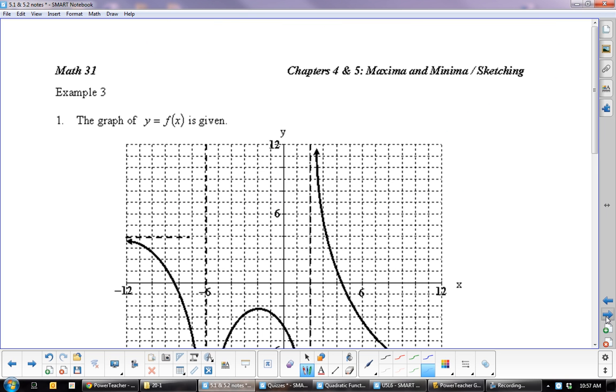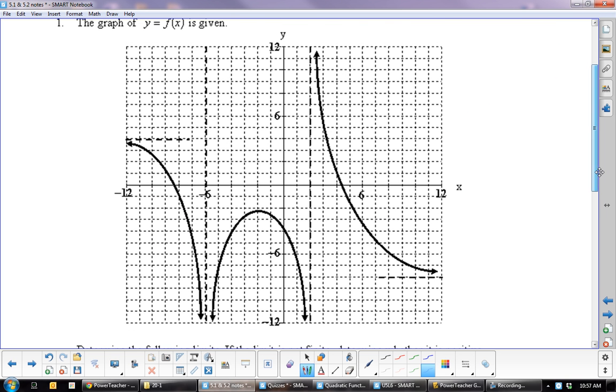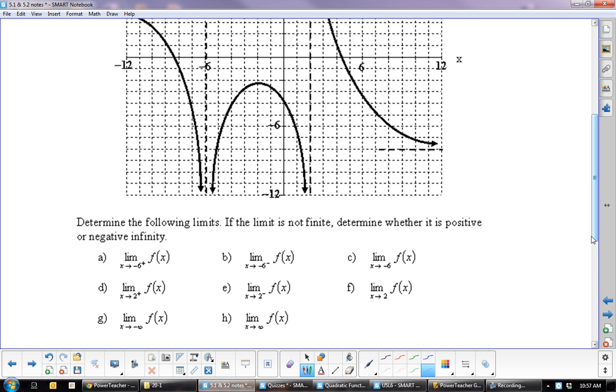Okay, so let's just answer these questions together. So as x is going to -6 on the right side, what is it approaching? -infinity. Okay, so we're coming this way. It is going to -infinity.